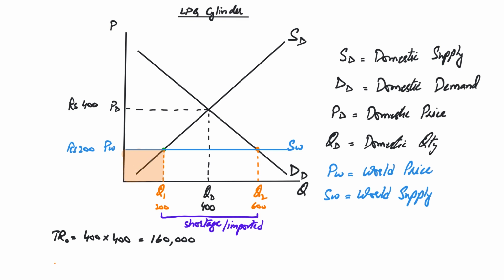So the new revenue is 200 into 200 quantity, which is just 40,000, a lot lesser. So unfortunately जो domestic producers हैं, they are not happy about it.